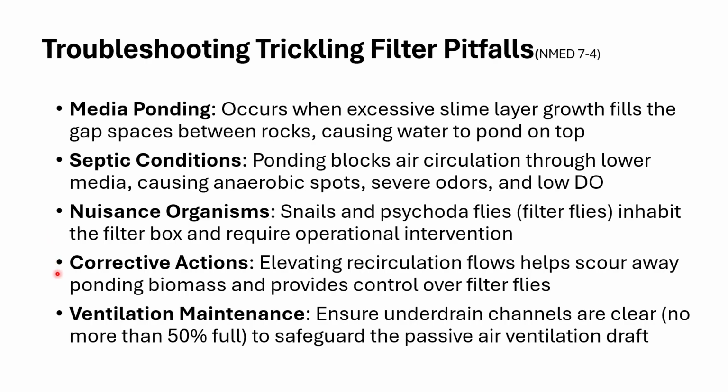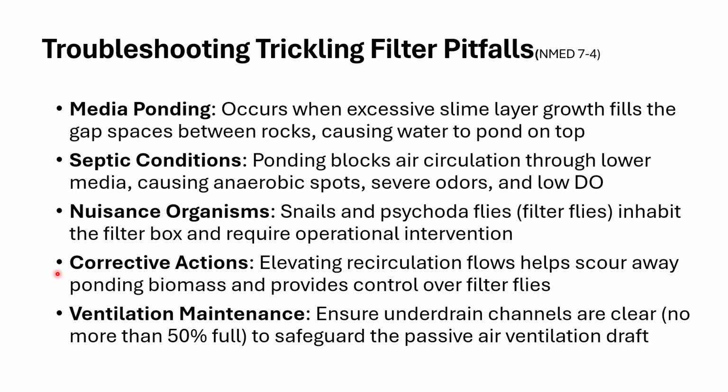Well, how do you correct these? Remember the one variable we have in a trickling filter. I stress this again. The one variable we have in a trickling filter is the recirculation rate. So I told you when we have a trickle coming down off that distributor arm, we do not want it spraying down, because if we do that, we're going to strip away that snot layer, that biological film. Well, in this case, we've got too much of a biological film.